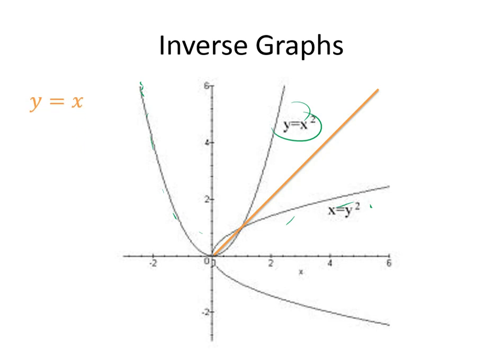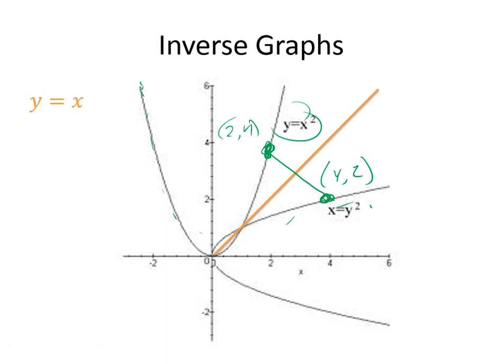If you were to take any point on this parabola, let's say this point at about 2 comma 4, its inverse, if you were to go straight across, would be at 4 comma 2. As you see, we've switched the x and the y.